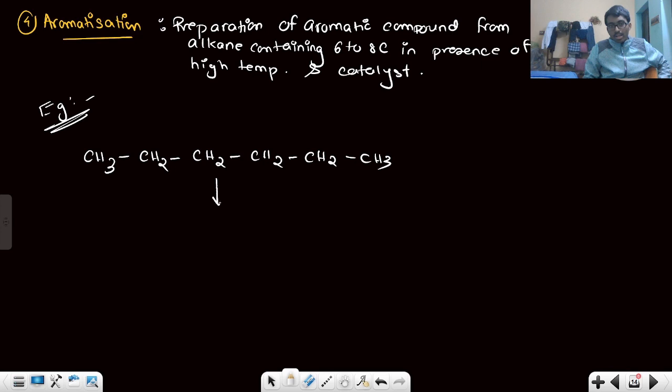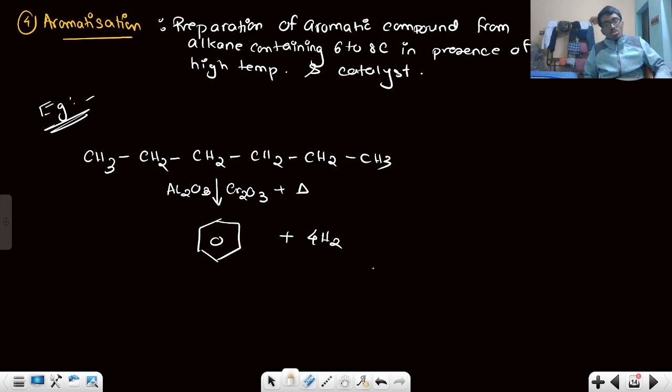Now if I react hexane in presence of Cr2O3 and Al2O3 along with heat, then I will be getting benzene, along with 4H2. Clear? So what is happening is hexane is getting cyclized to form benzene, and benzene is definitely an aromatic compound.